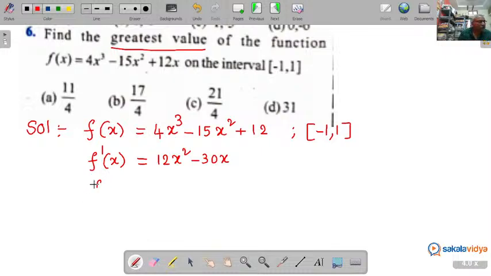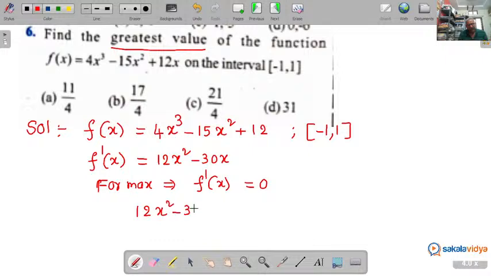So, that means we can write directly for max or min, f dash x is equated to 0. So, 12x square minus 30x is equal to 0. Let us take 6x common. We have 2x minus 5 is equal to 0.